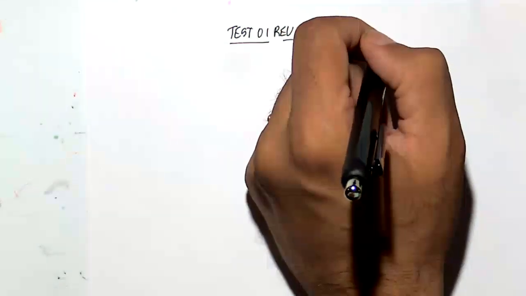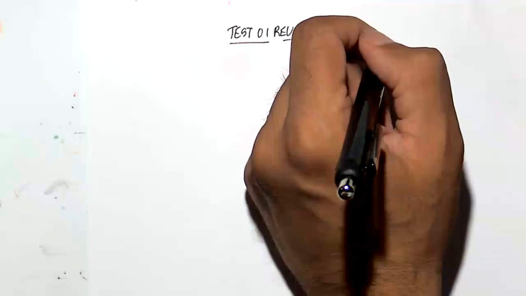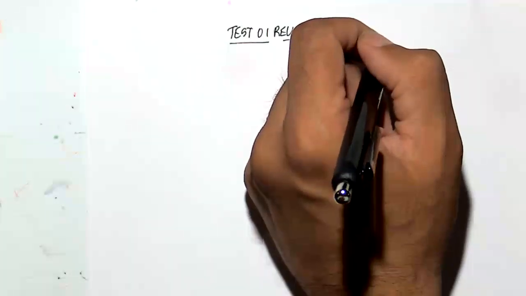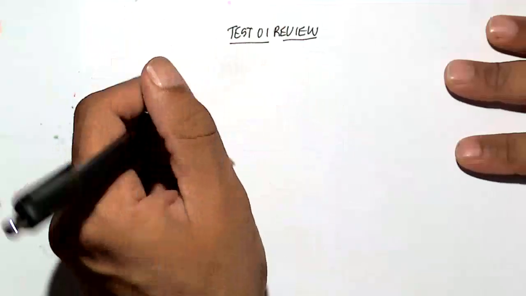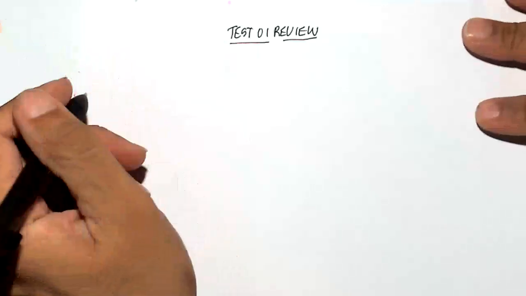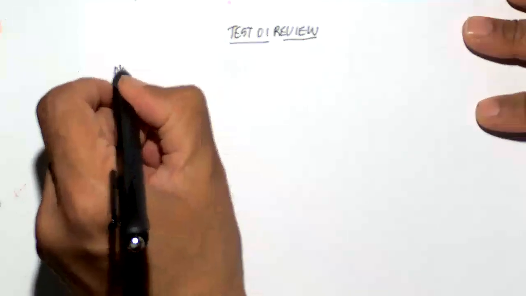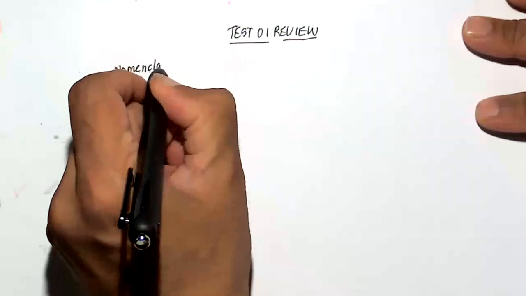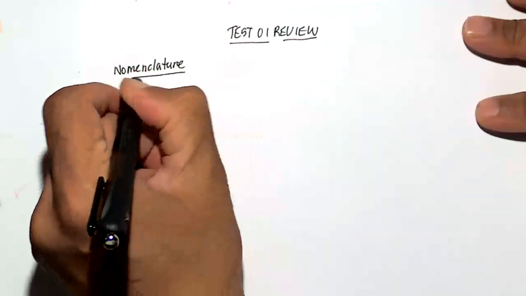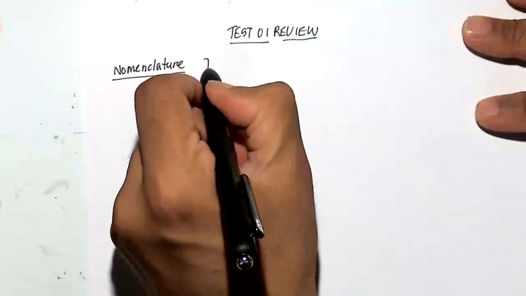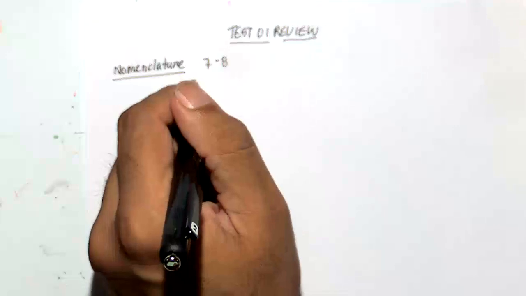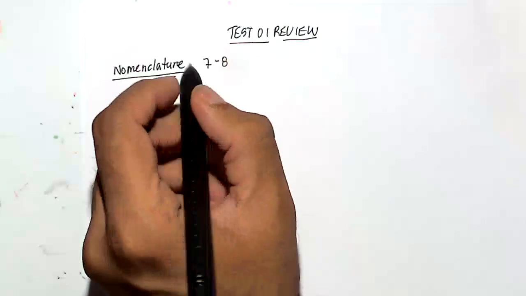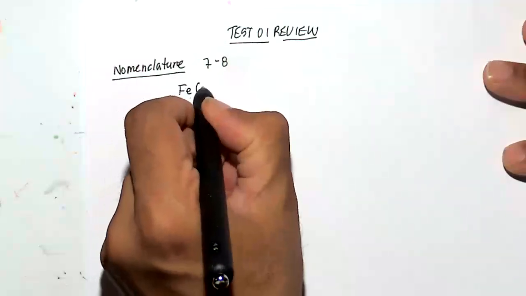Turn in your quiz next Thursday. There are some questions on nomenclature, about 7 to 8 of these, whether it's ionic or covalent.